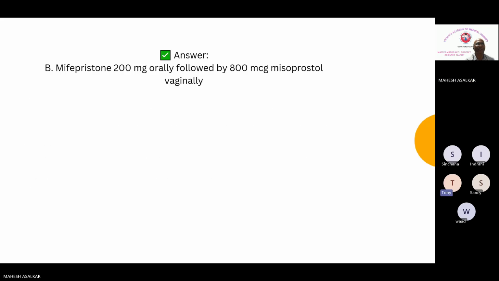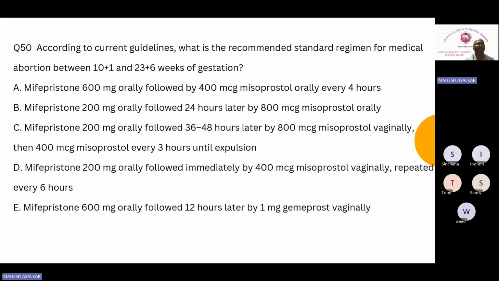Next one: according to current guidelines, what is the recommended standard regimen for medical abortion between 10 weeks and 23 weeks and 6 days of gestation? A: mifepristone 600 milligram orally followed by 400 microgram misoprostol orally every 4 hours.